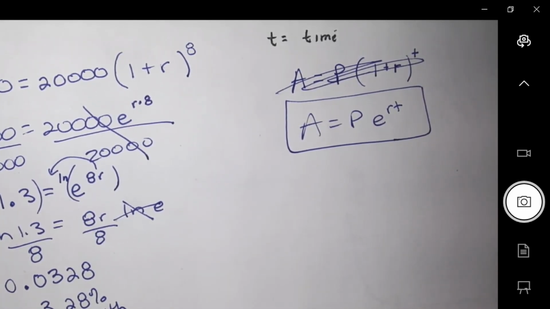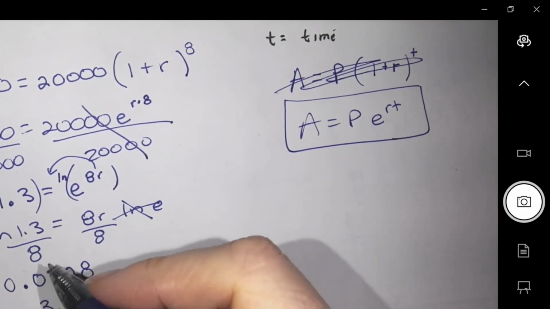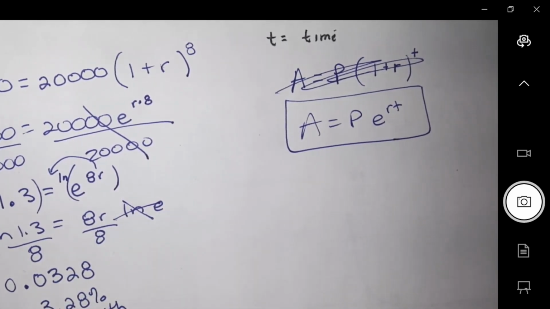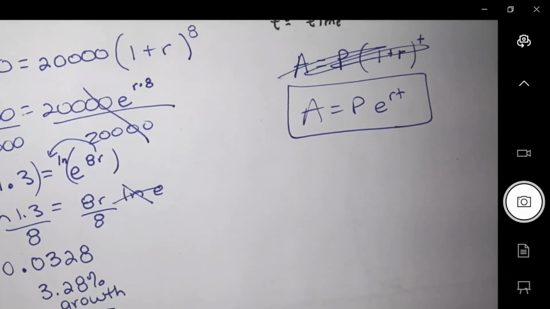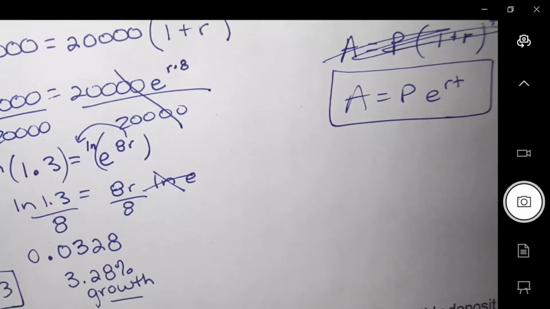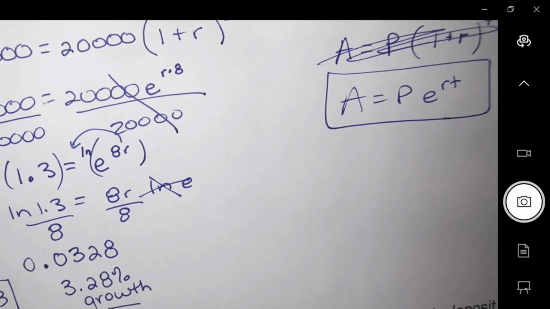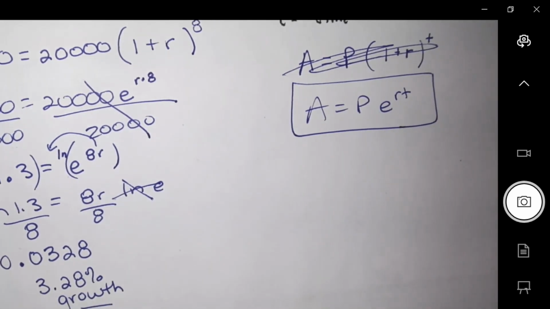For the rate, you should go to 3 decimal places, so 0.033. Okay, 3.3% population growth. What is the population in 20 years?